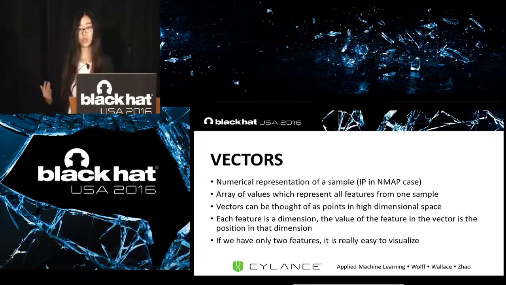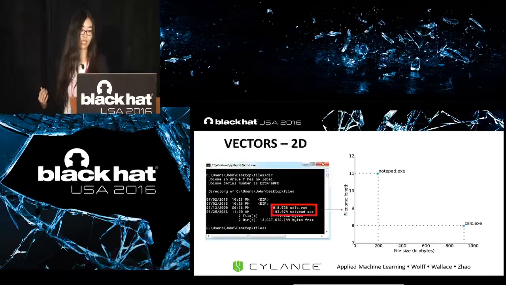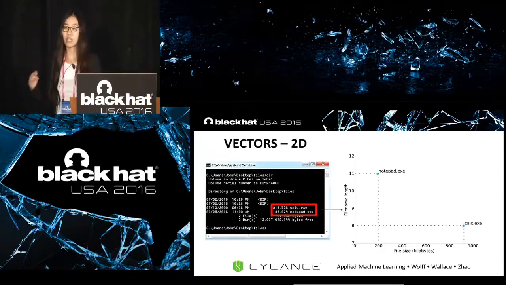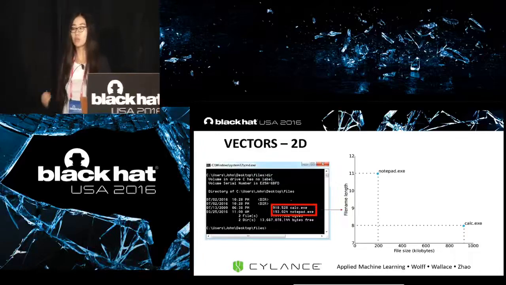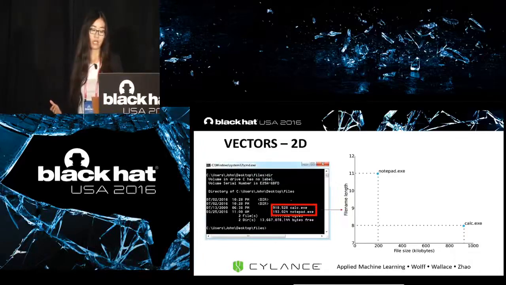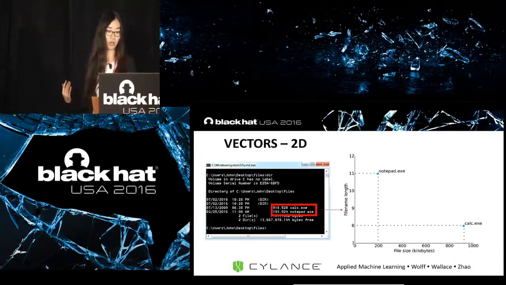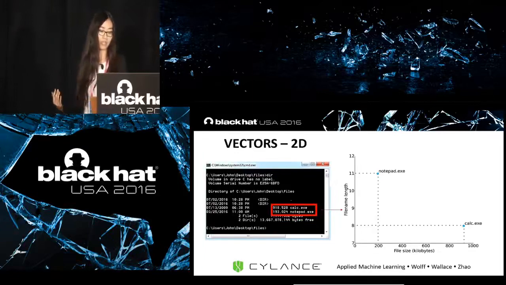It will be very intuitive and easy to visualize if we are living in a two-dimensional space or three-dimensional space. For example, if we want to find the numerical representation for an executable, we can use only two features. For example, the features can be file name length and file size. Here we give an example of notepad.exe.